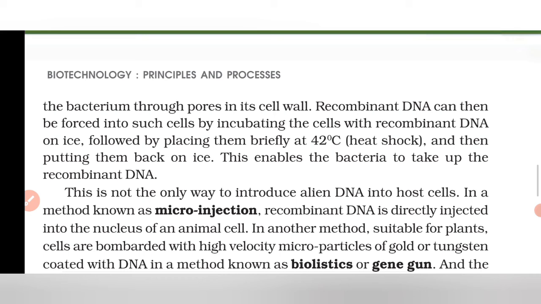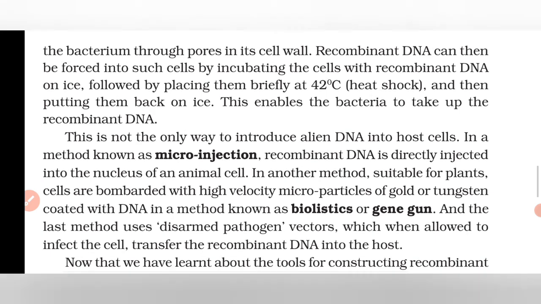This is called heat shock. Suddenly you change them from very low temperature to very high temperature and then put them back on ice. First incubate on ice, then heat shock at 42 degrees Celsius, then again ice. This enables the bacteria to take up the recombinant DNA.